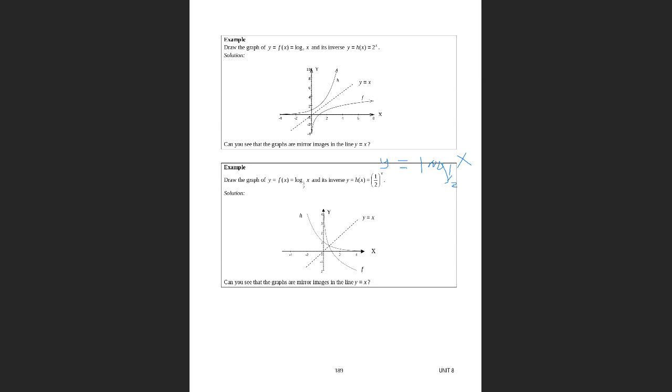Converting this to exponents, we have (1/2) to the power y equals x. Remember that for the inverse we always swap x and y, so y equals (1/2) to the power x.